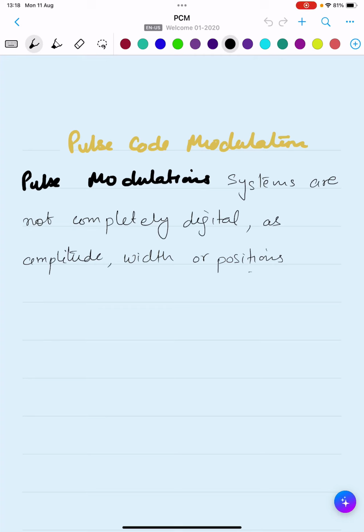Everyone, in this lecture I'm going to explain pulse code modulation.